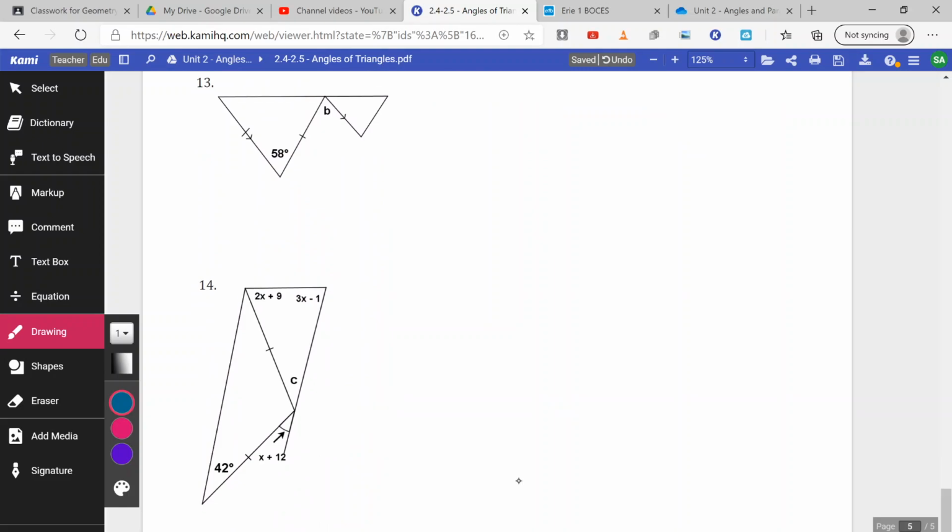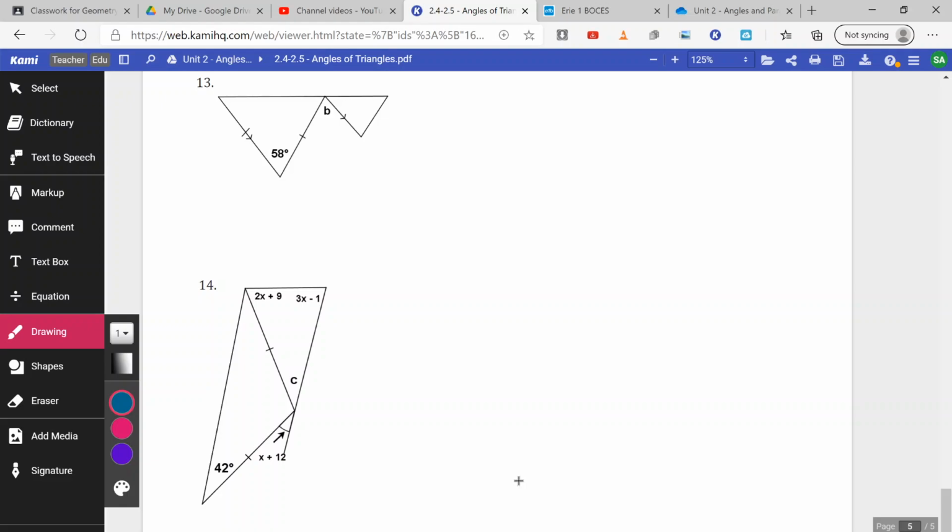We got a large triangle, we got a smaller triangle, we have to figure out what angle B is, and we have a 58-degree angle in here. Here we have parallel lines cut by a transversal, and an isosceles triangle. So this one's actually pretty quick and easy.